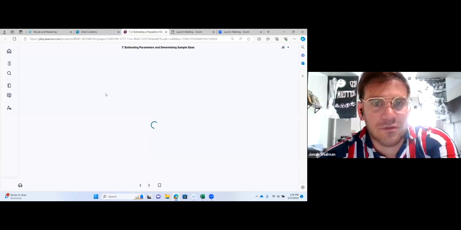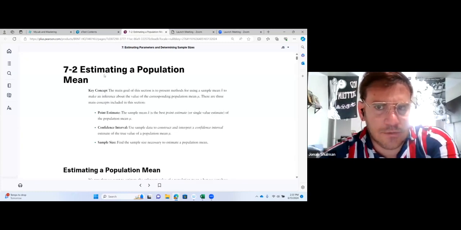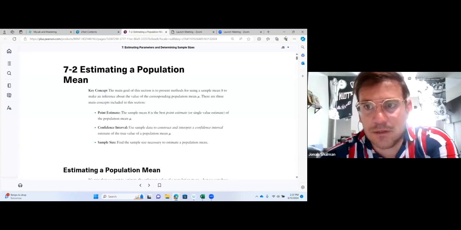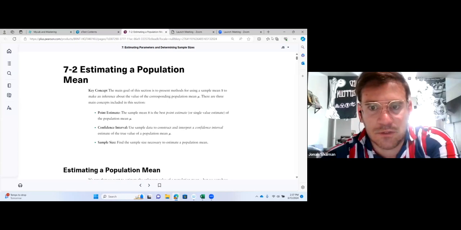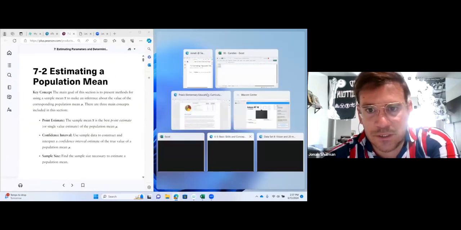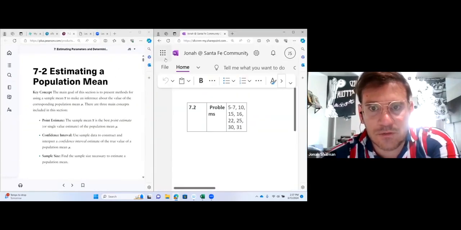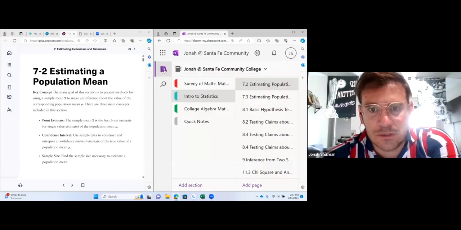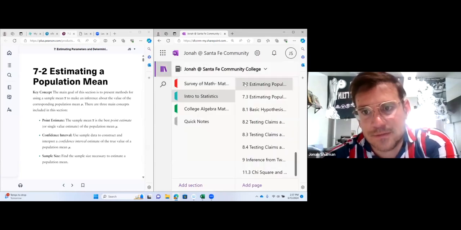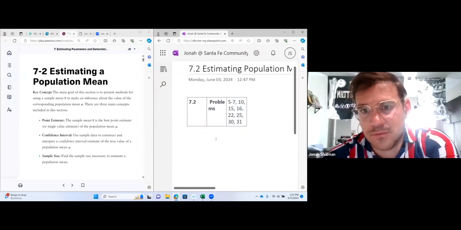Here's 7.2. I'll also have some notes that I'll be writing along the side, which you can follow along. Where are these notes? It's in the bookshelf, Intro to Stats 7.2. Okay, everything's right there.